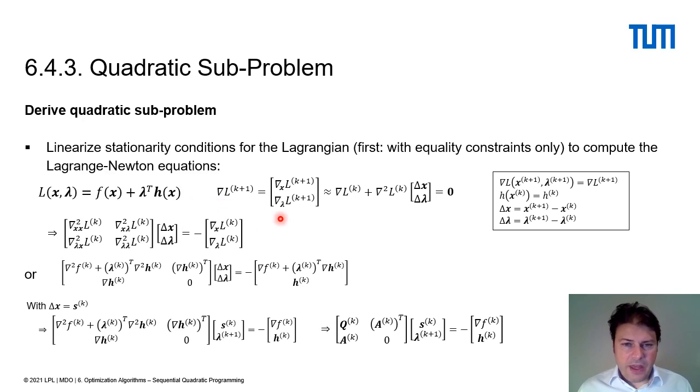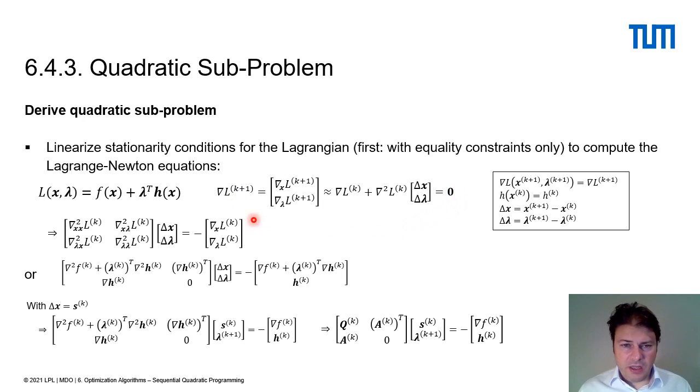And then we look at the necessary condition for optimality, that the Lagrangian function becomes stationary, meaning that the gradient vanishes.